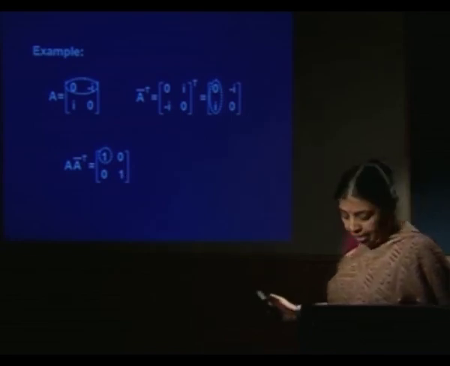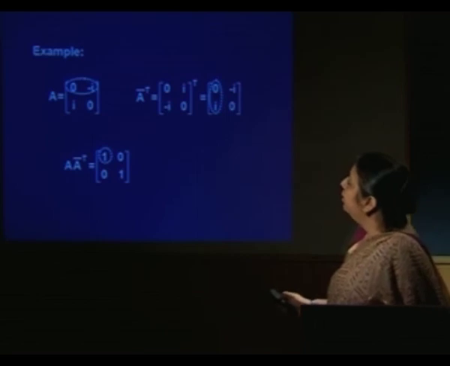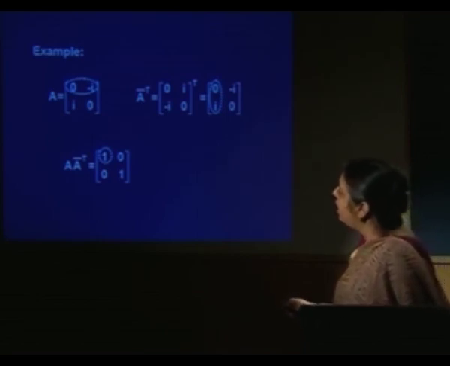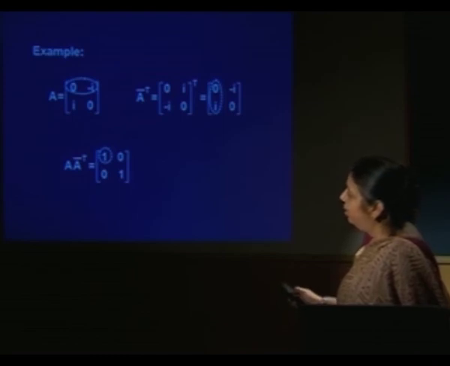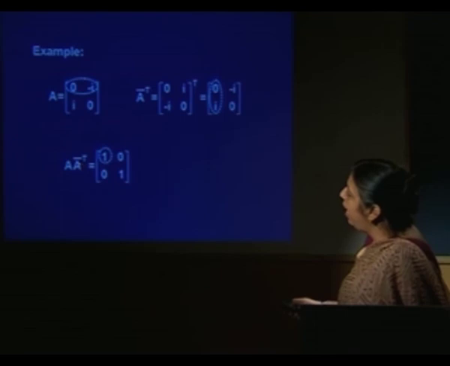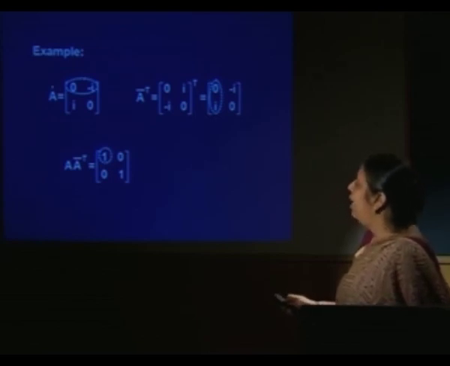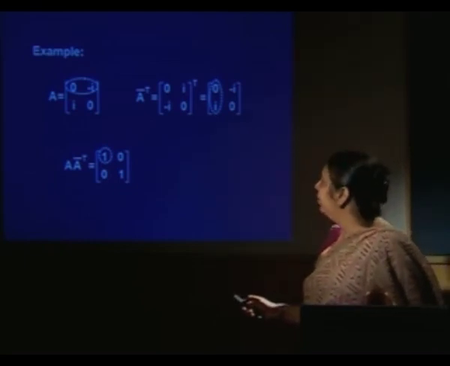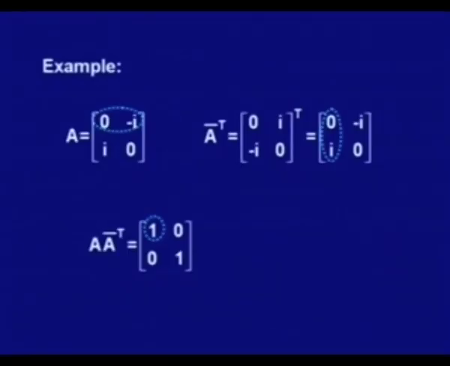So, we have an identity matrix. Now, this is matrix multiplication, so one can very easily check that A bar transpose multiplied by A, that means whether you multiply it on the left hand side or on the right hand side, the result will be the same. On this basis one can say that A is a unitary matrix.